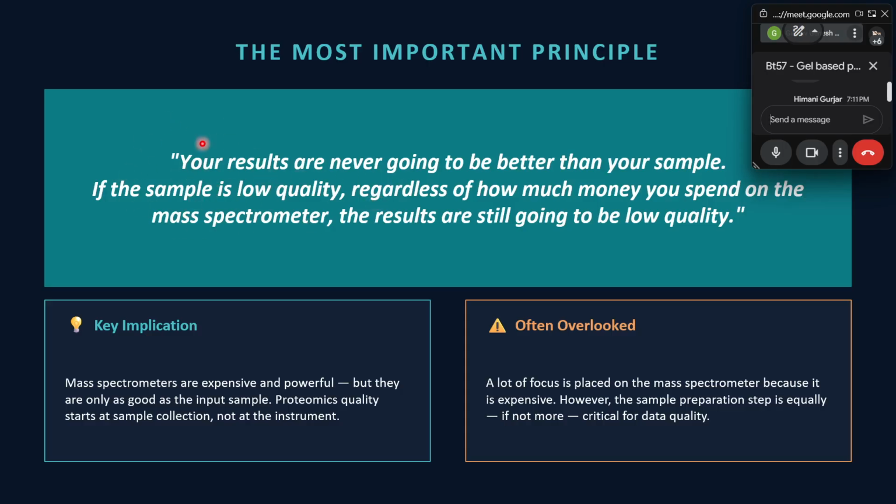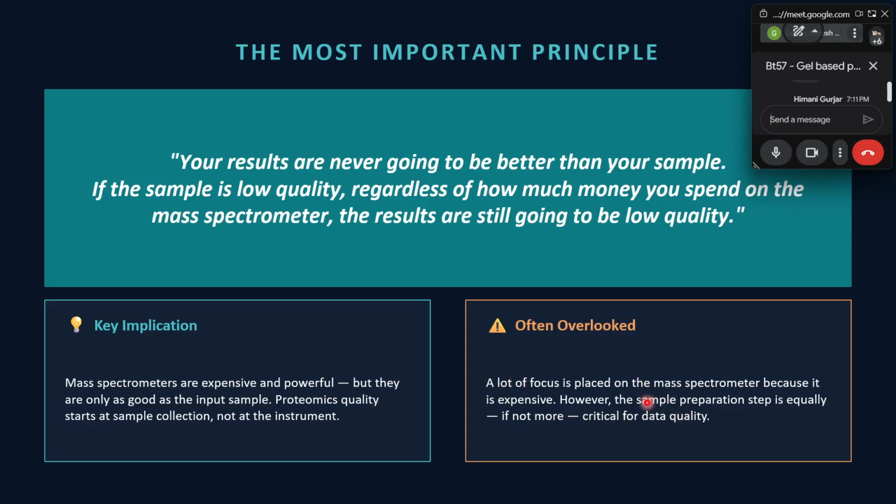So in order to make sure that your sample is the most stable and has been acquired in a more stable format, and whatever components are present in the sample are stable enough or detectable enough so that you get good results also, by spending this much amount of money in doing mass spec. So generally, mass specs are expensive, but they are only as good as the input sample. So if your sample is good, your mass spec data will also be good.